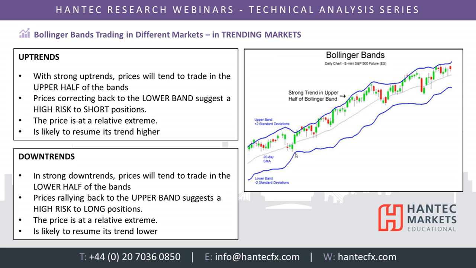But if you are short in an uptrend and you've got a move back towards the bottom Bollinger Band in a strong uptrend, you should realize that you are now at high risk of a recovery and a rally. That would be your alarm signal to possibly take your profit, or to come out of that short position. Because ultimately, in this strong trending environment, in the uptrend, you are likely to resume that uptrend in due course.